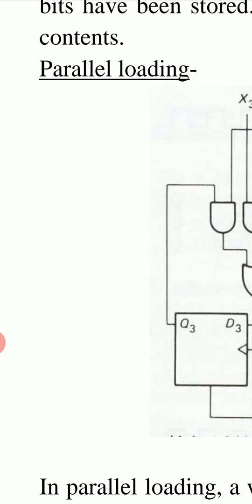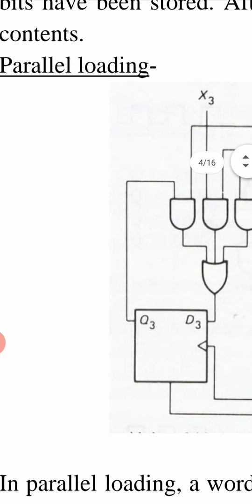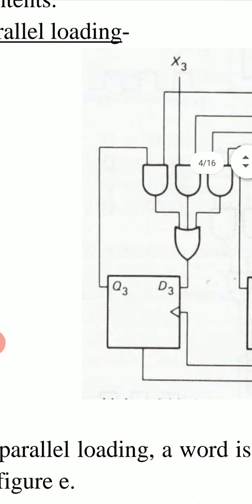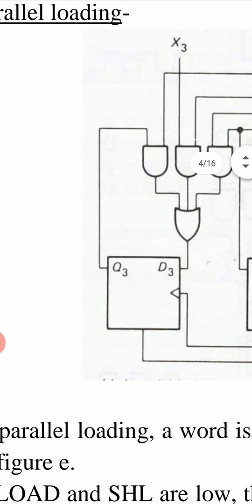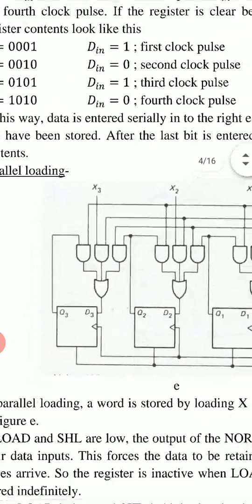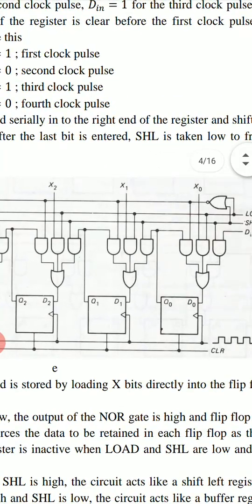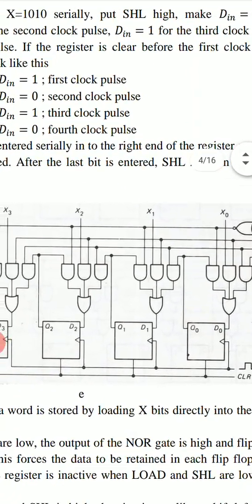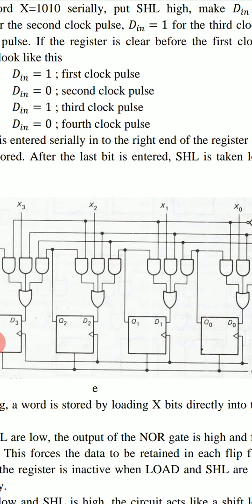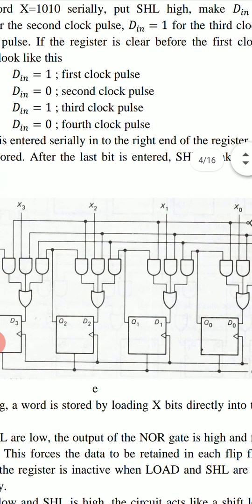When the first clock edge arrives, all 4 bits are loaded. For parallel loading, the circuit is this. These are the 4 bits x3, x2, x1, x0 which are to be loaded at the same instant.